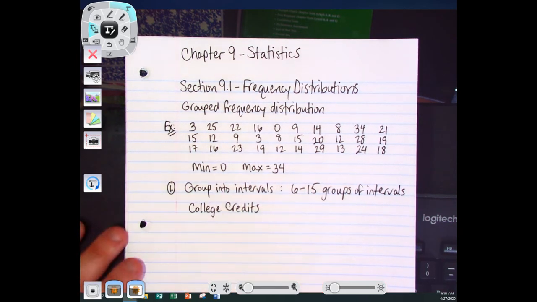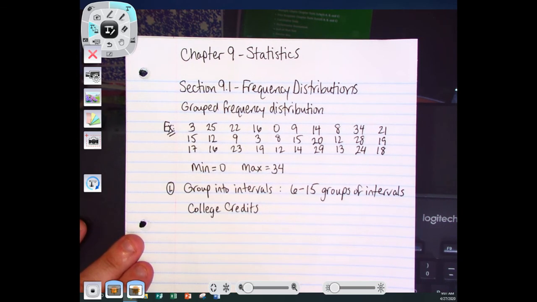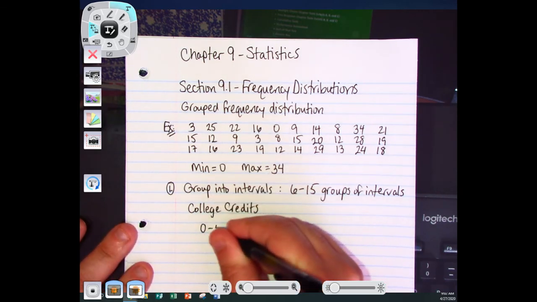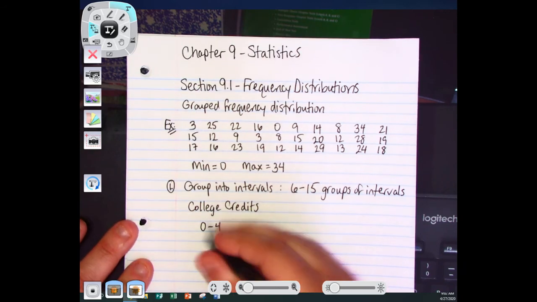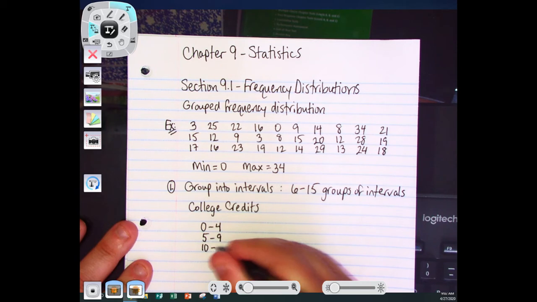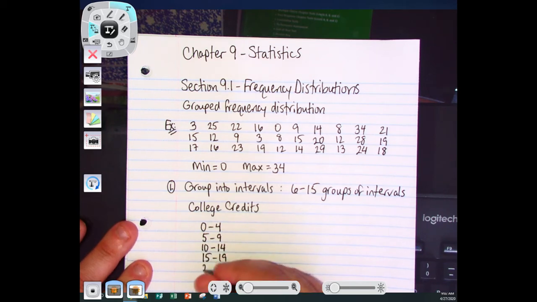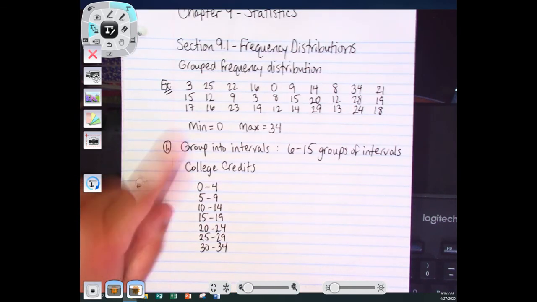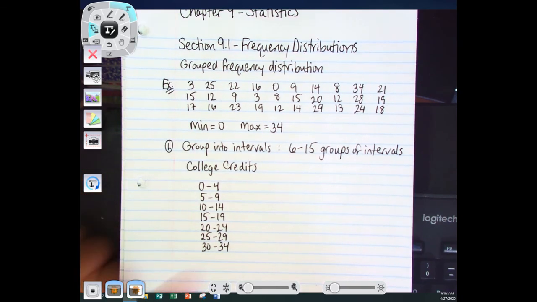When I group the intervals, we always start with the minimum. I'm going to do 5 by 5. So we have 0 to 4, 5 to 9, 10 to 14, 15 to 19, 20 to 24, 25 to 29, and 30 to 34. And notice that my intervals started with our minimum and ended with our maximum.